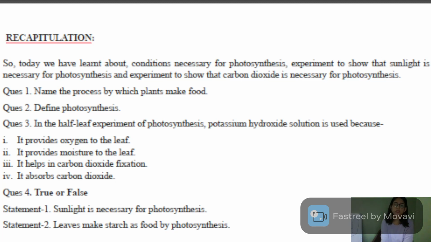So the process of photosynthesis is the process by which the plant will intake the necessary ingredients, the necessary components that are required for the process.